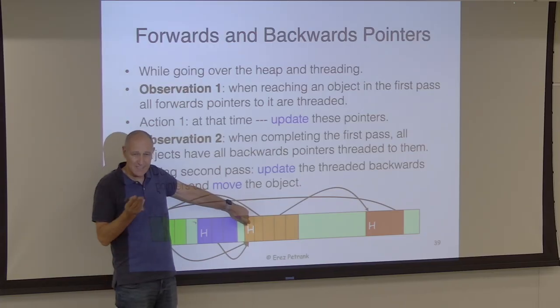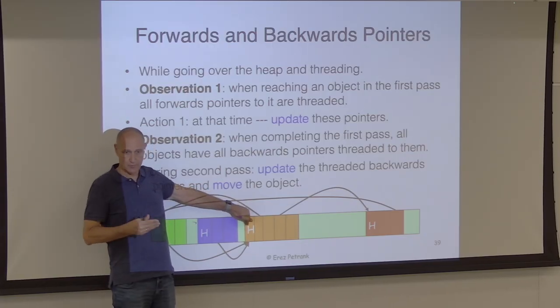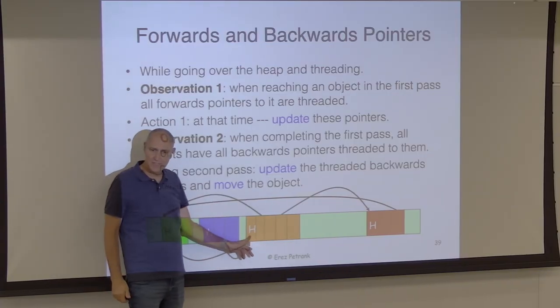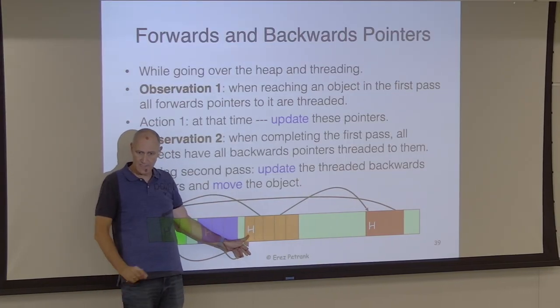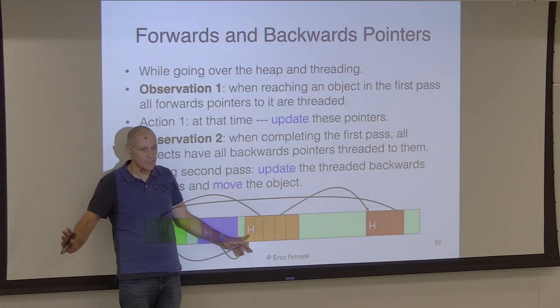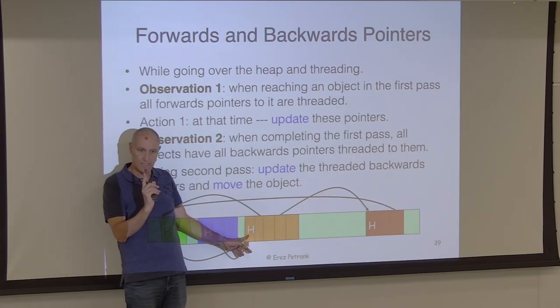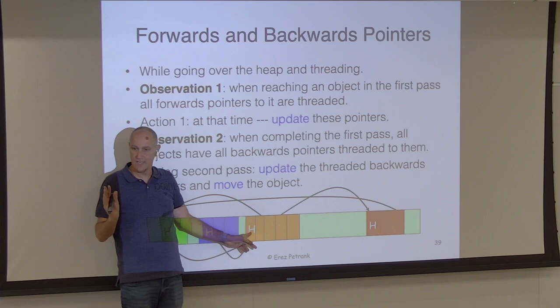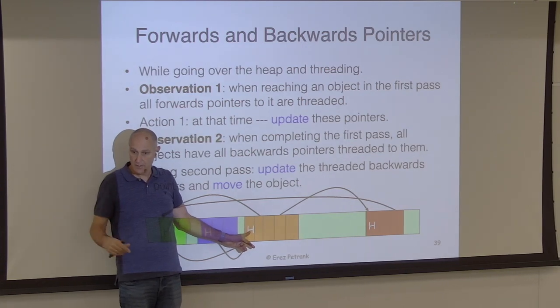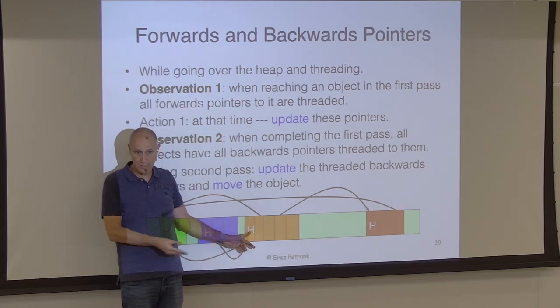I don't really mind that it's forwards pointers. It's just for us that we understand what's happening. When I arrive at an object, I can fix everything that's threaded to it. All the pointer fields that I've threaded into it, I can fix. I know where it goes, and I know these fields that are pointing to it, I can fix them.